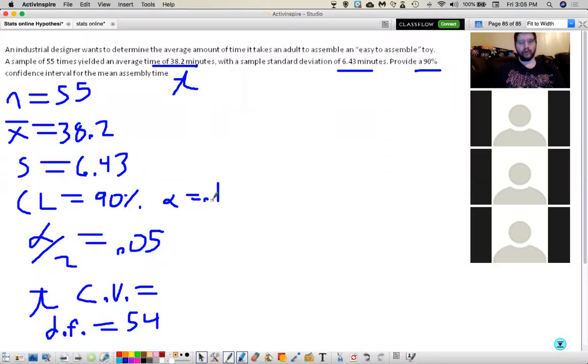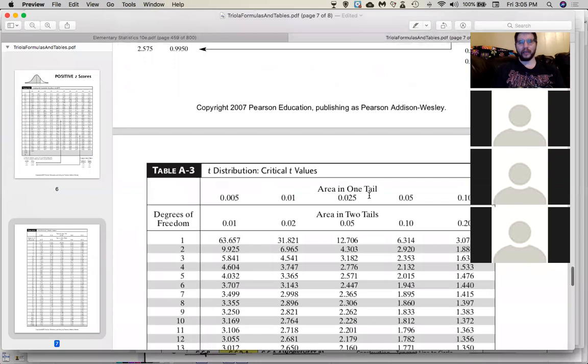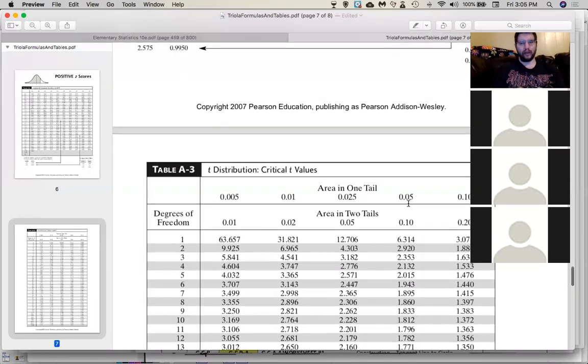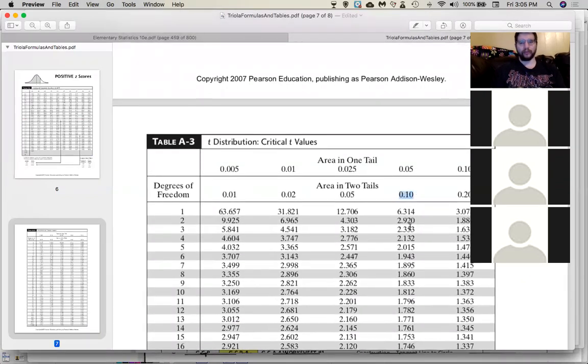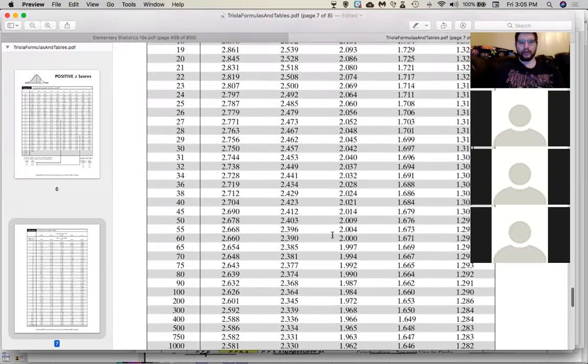Again, you can use alpha 0.1 in a 2 tail or alpha of 0.05 in a 1 tail. It's the same column. It's this column right here. However you want to do it, it's perfectly fine with me. So I need to look up the second to last column. My degrees of freedom would be 54. We don't have 54, so we get the closest value.